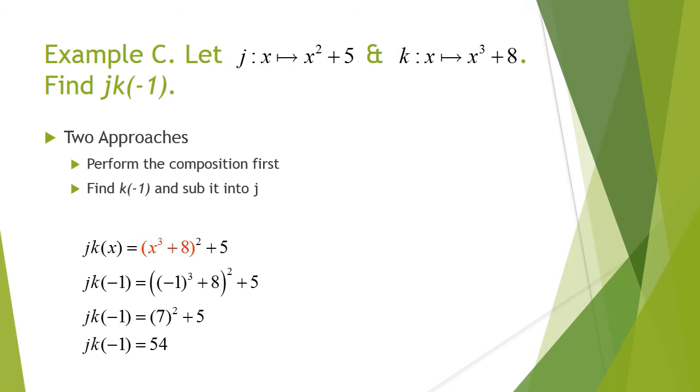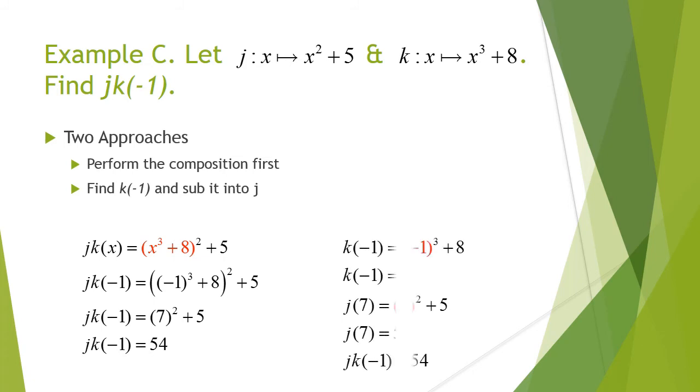So this sure beats having to distribute x cubed plus 8, right, times itself before we plug in -1. So don't go through all that algebra, you can just do substitution here. And then I end up with 54 as the answer. So essentially, when I plugged in -1 into this composition of j of k, I get 54 out.